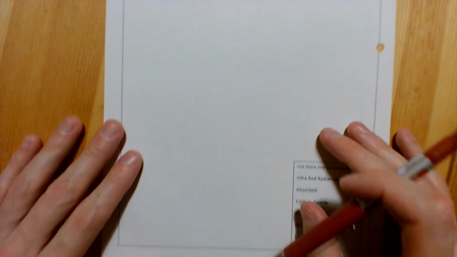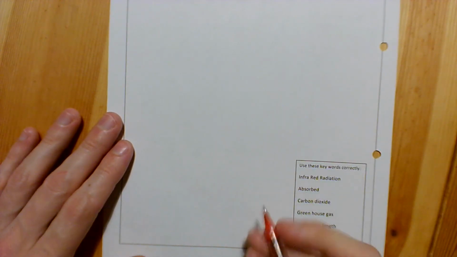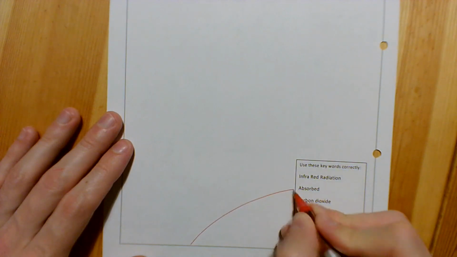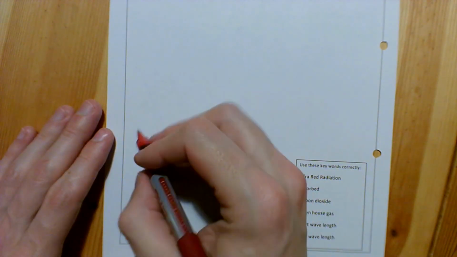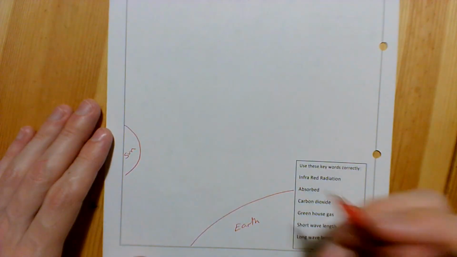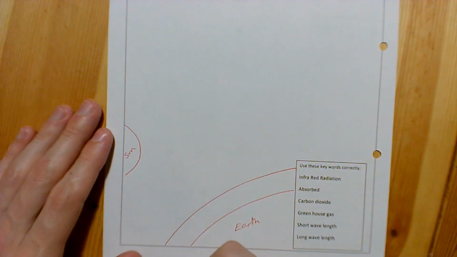So if we just replace that for a minute with a diagram. So if we have the Earth here, and we have the Sun over here, and then this can be the atmosphere.